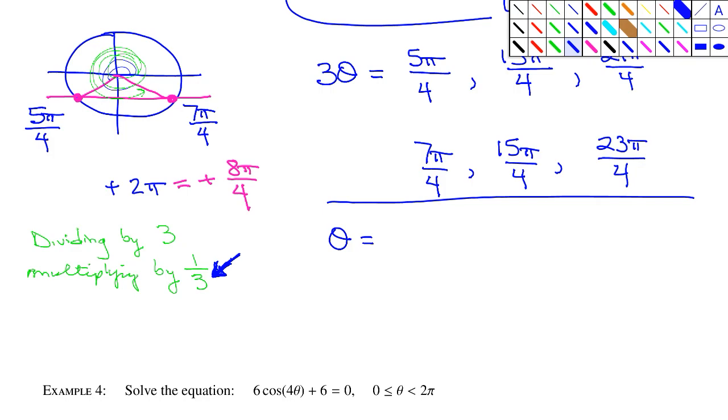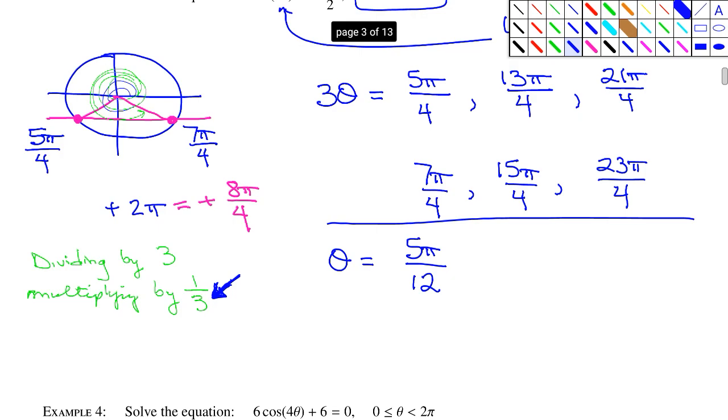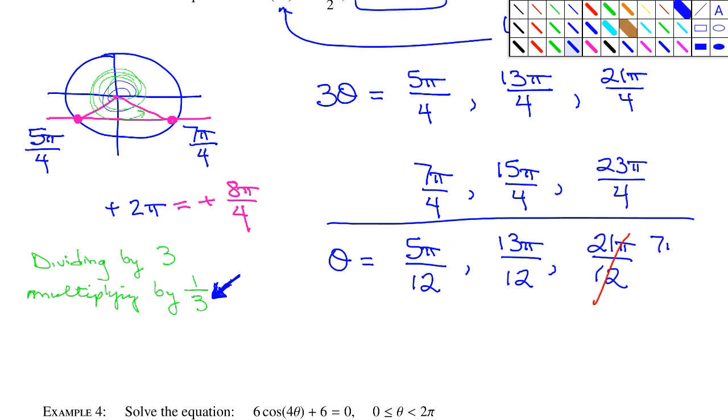So in the first one, it'll be 5 pi over 12. Because dividing by 3 is the same as multiplying the denominator by 3. Basically multiplying by 1/3. So we get 5 pi over 12. Next we get 13 pi over 12. The next one should be 21 pi over 12, but let's go ahead and simplify that down to 7 pi over 4.